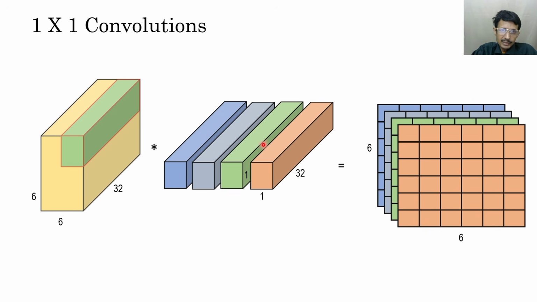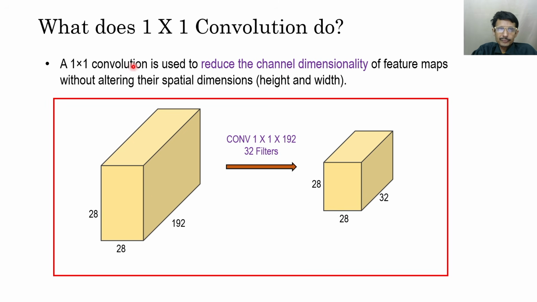So you can see the number of filters basically gives you the channels by means of 1 cross 1 convolution. So what does 1 cross 1 convolution do? It is used to reduce the channel dimensionality of feature maps without altering their spatial dimension.